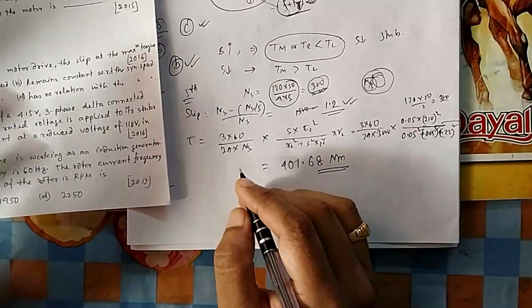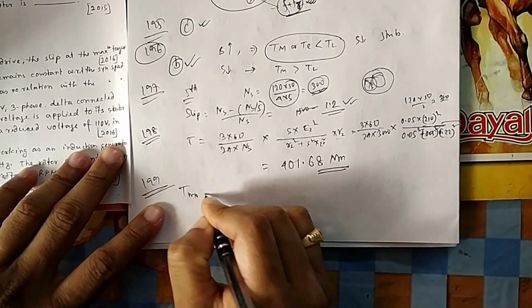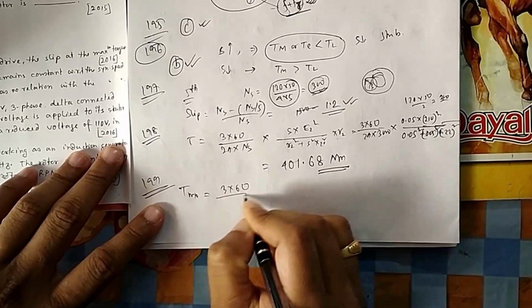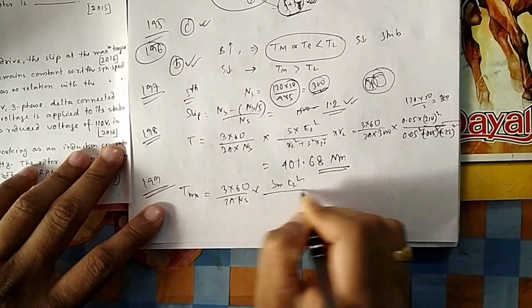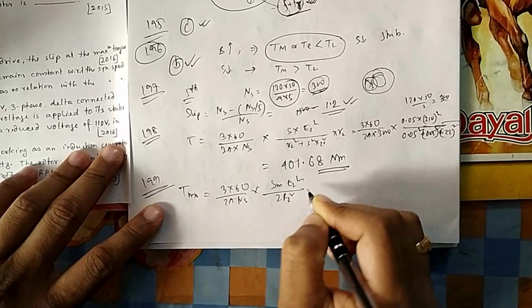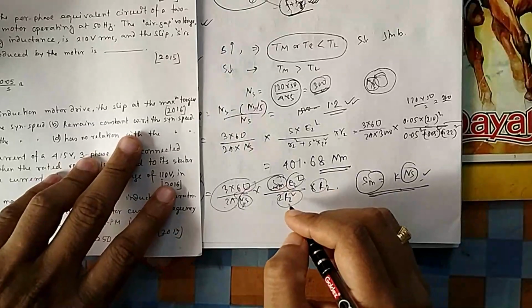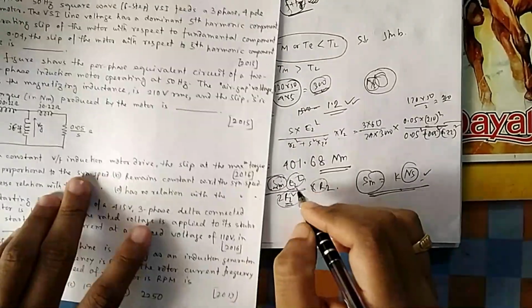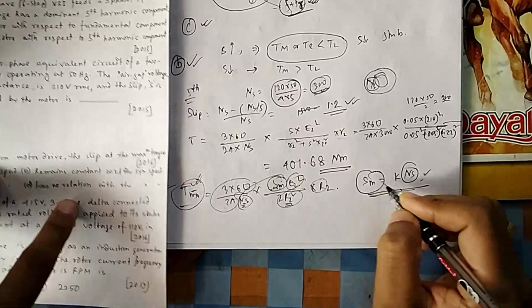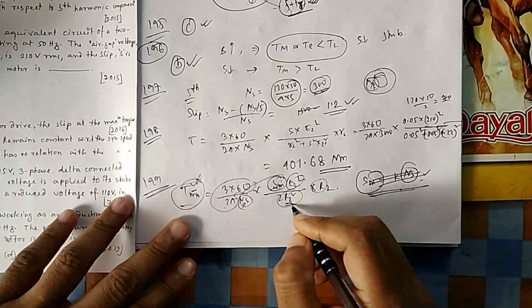So if you write the equation for maximum torque, T max, what is the formula? 3 into 60 by 2 pi NS into S max E2 square, 2 into R2 square into R2. Instead of writing it R2 square, let me write it, because it is V by F, because E is also changing, so let me bring X here.